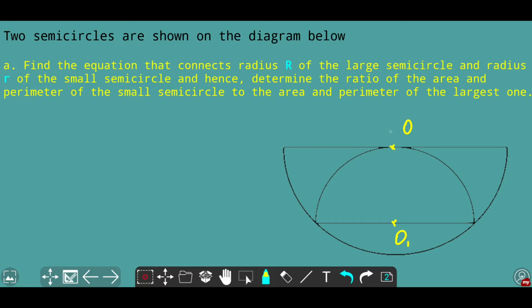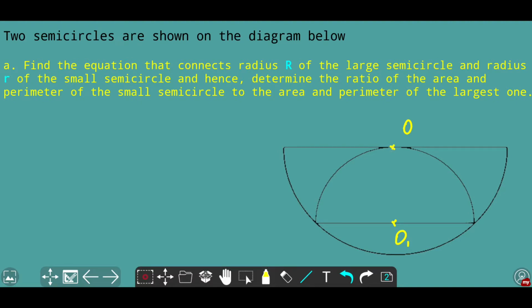I'll put the center O in this case. Why? Because due to the principle of symmetry, the small inscribed semicircle will share the common point, which is the center, with the large semicircle. Alright, obviously it's pretty intuitively clear.